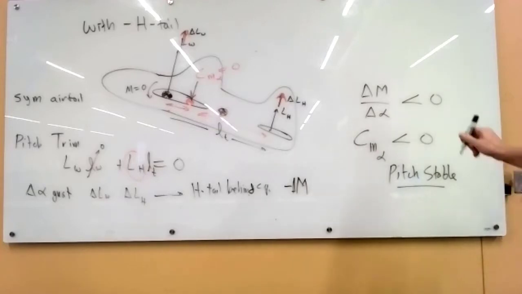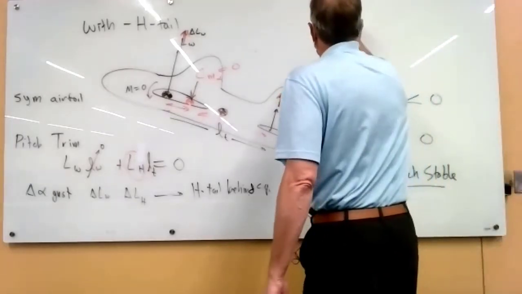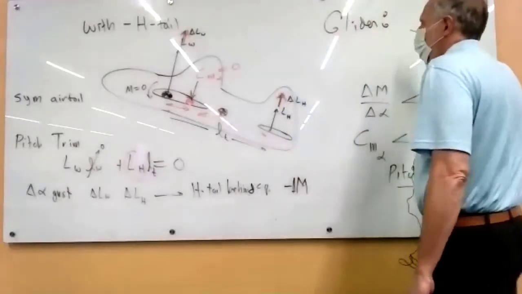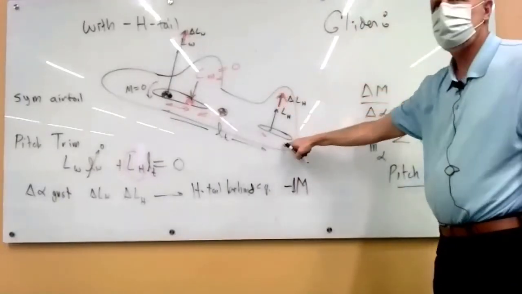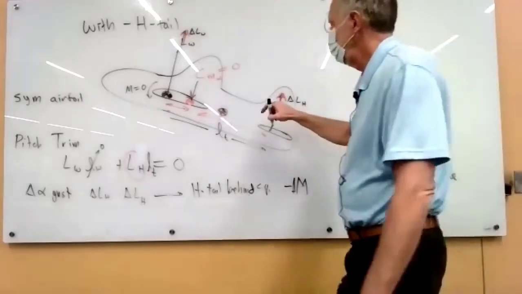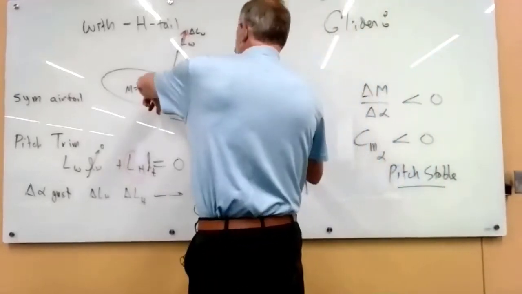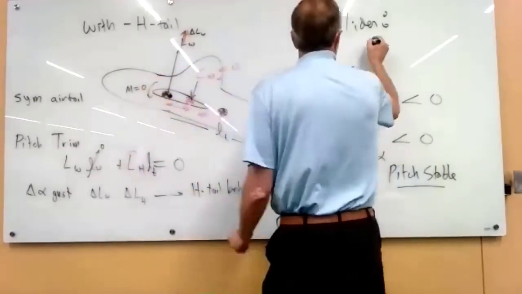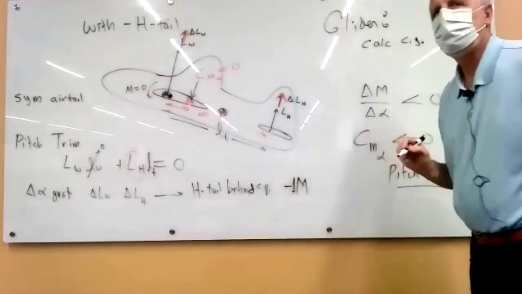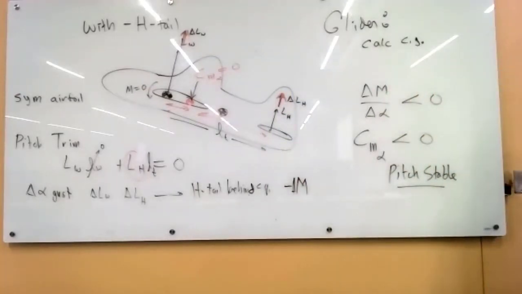So how does this pertain to your glider? Well, you're putting your wing and your tail on your airplane, and you're sizing them. So you're choosing these locations, and then you calculate the CG based on that formula that I gave you.